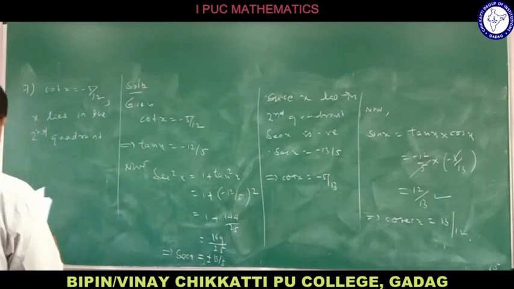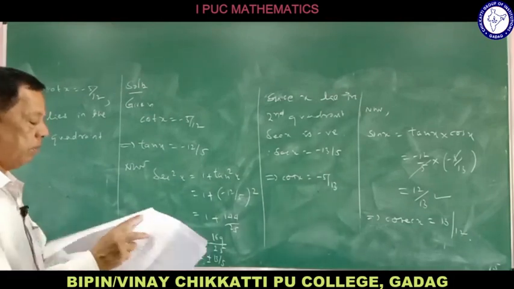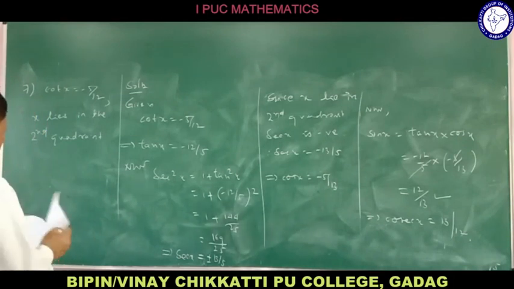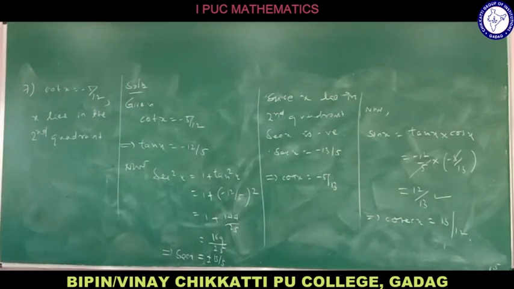Now that seventh result is over, and that too, cosec x is equal to 13 by 12. Now this is the end of all these types which you see in the exercises and other things. Now I am going to explain some problems based on angles.